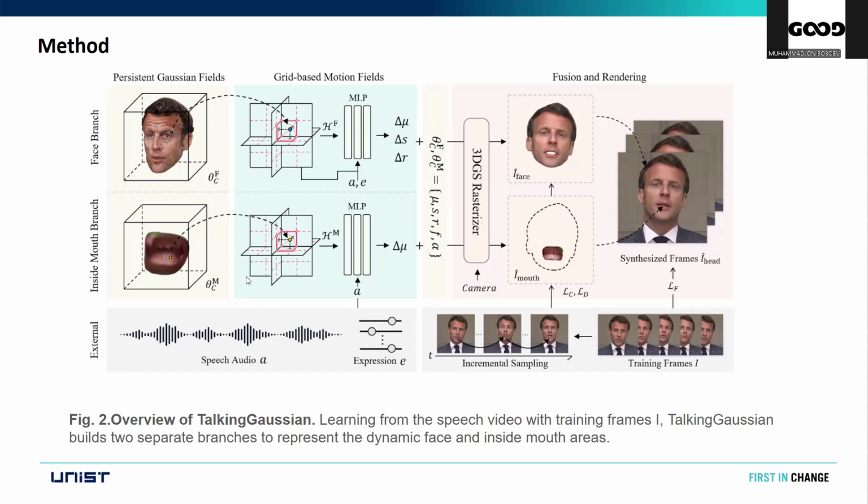So what they have here is a persistent Gaussian field, which they can get using 3D Gaussian splatting, just like vanilla 3D Gaussian splatting can give us some kind of 3D mean face field. Given some kind of 3D canonical pose of the human face, they try to predict what kind of offset we need in order to map to the speech audio features.